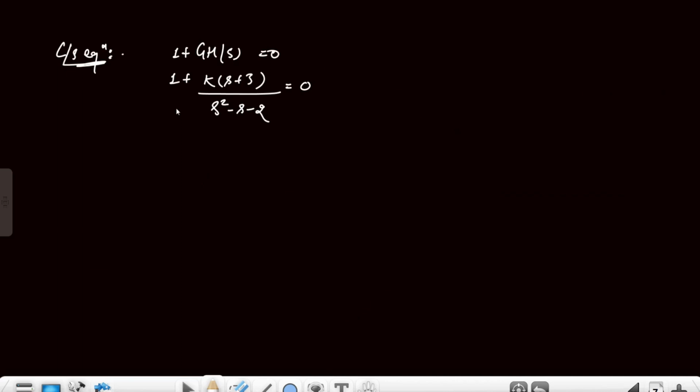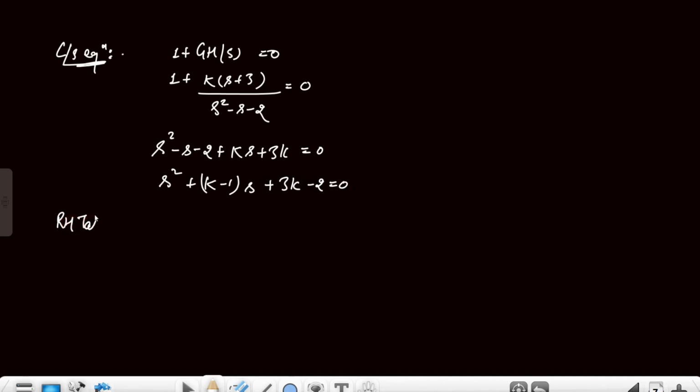So we calculate like this: s square minus s minus 2 plus Ks plus 3K equal to 0. So it will be s square plus (K minus 1)s plus (3K minus 2) equal to 0. Now for ROZ we will apply the RH table here.